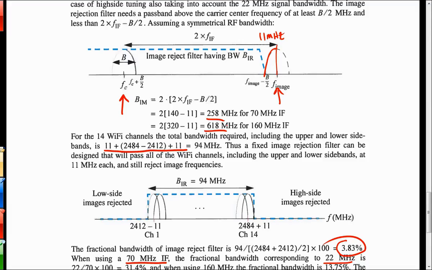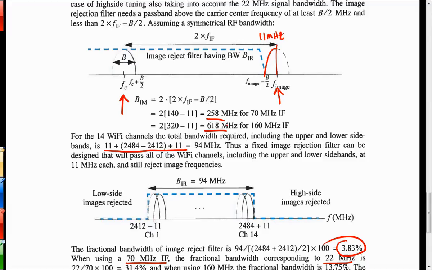You can't really get there. If you try to do it, you end up with a filter that has a lot of insertion loss as well. And when you have insertion loss, then the passband signal gets attenuated. And if it's right at the front end of the receiver where the signal is weak, that attenuation pushes the signal down into the noise floor, and that ruins the sensitivity of the receiver, if that makes sense.